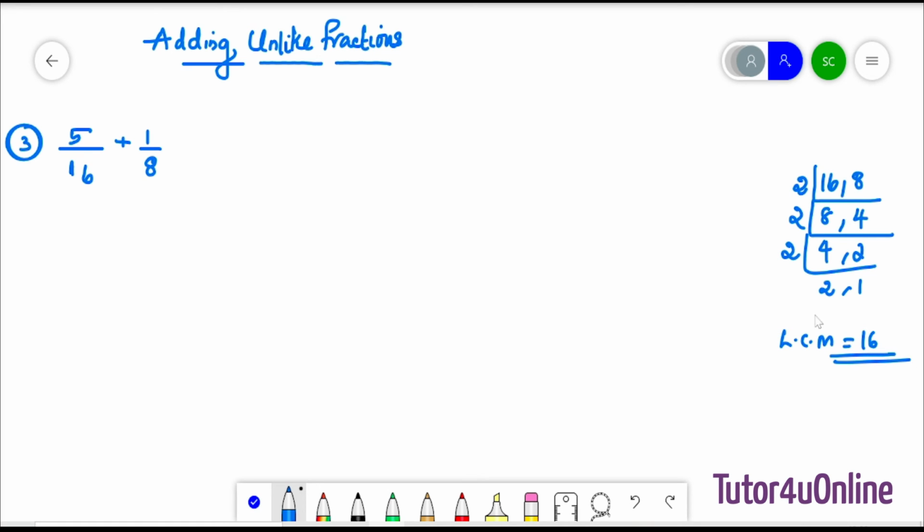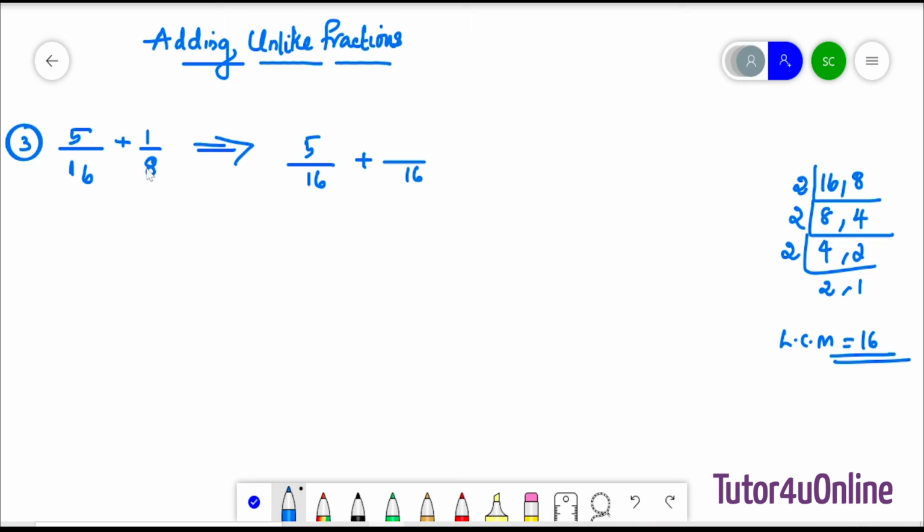The LCM is 16, so that means the common denominator is 16. So the common denominator is 16 plus 16. Now we have to find the numerator. The denominator of the first fraction in the question is also 16, so the numerator is also 5.